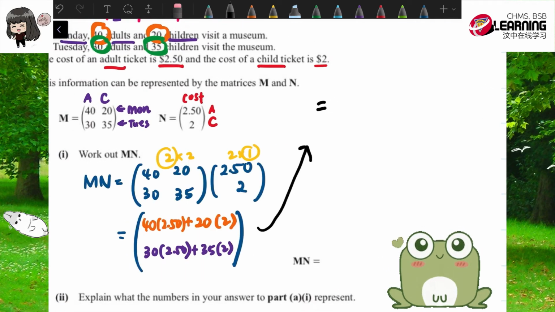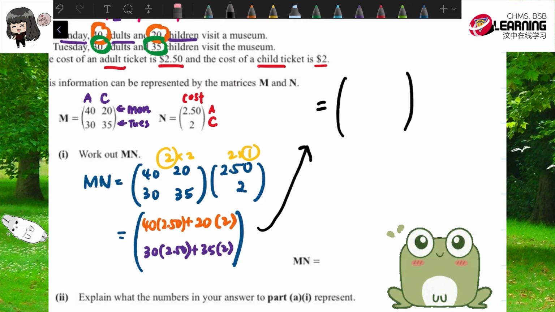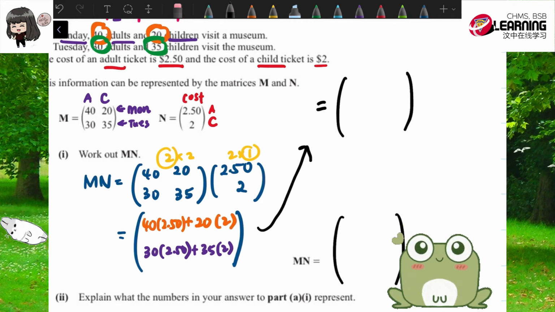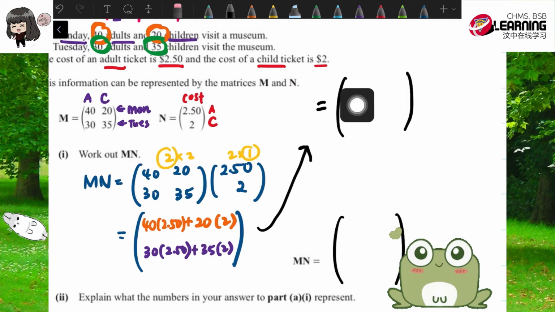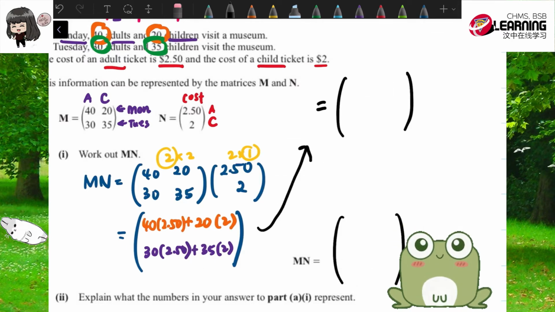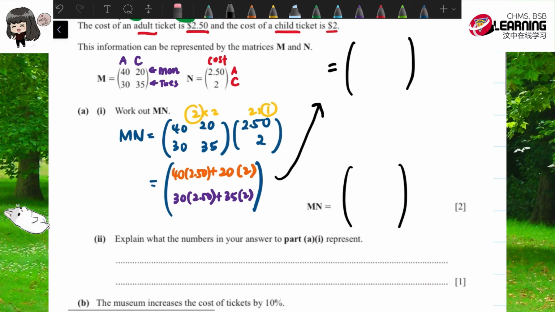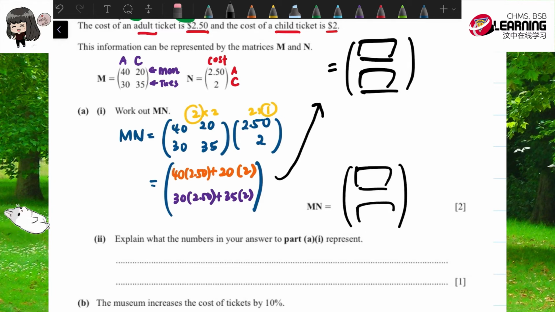Find out the answer and write it down here. I'm not going to feed you the answer. Write it down on your own. You will have two answers, one here and one here. Please write down the two answers over here after you count. Don't use a calculator.